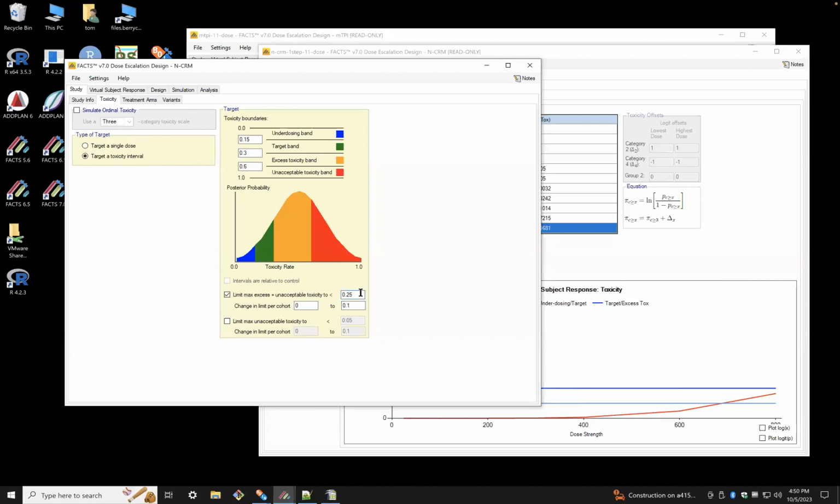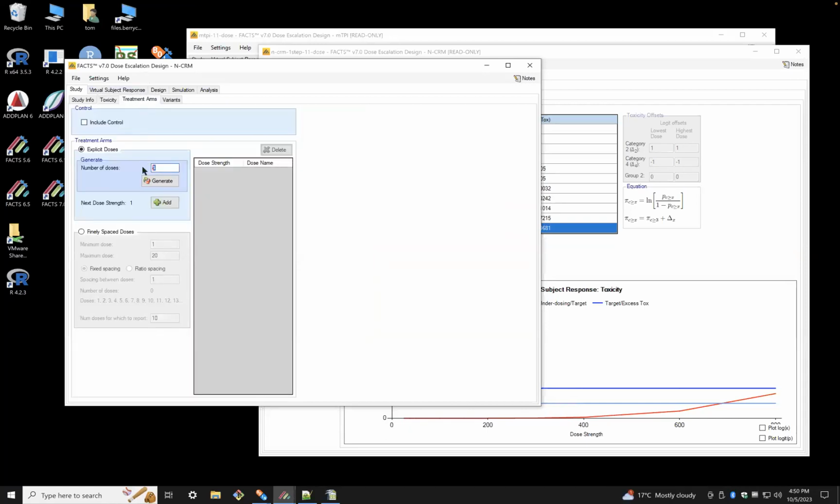That's going to, in some cases, possibly make it difficult to escalate. So we're going to have to set it to 0.5. So that's, don't escalate if the orange and red bands total 50% of the posterior probability. And then if the red band itself is above 5%, we'll also prevent escalation.